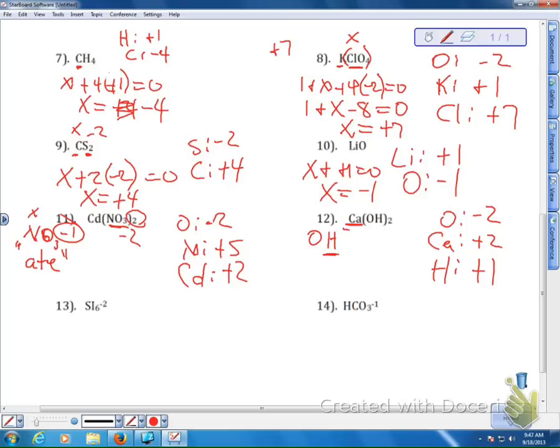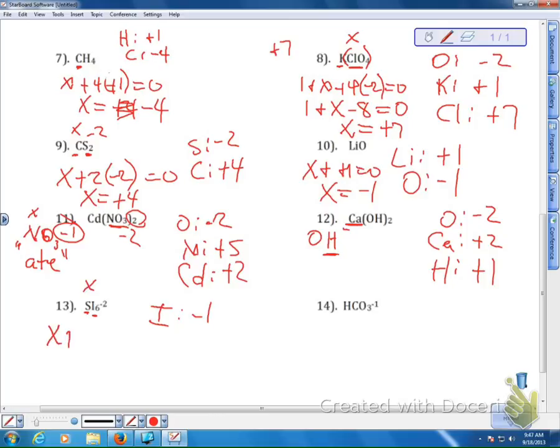In number 13, I have 2 nonmetals. So when that's the case, your less electronegative one can be anything from its lowest possible oxidation state, in this case -2, to its max, +6. So the most electronegative is iodine, and when a halogen is the most electronegative, it will be -1. So let's find out what sulfur is going to be.